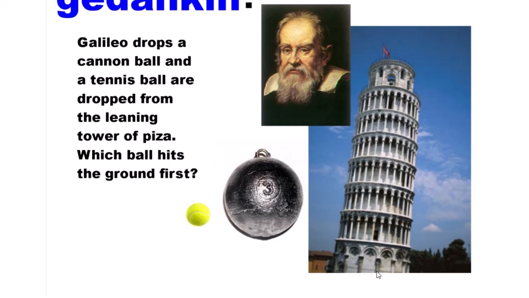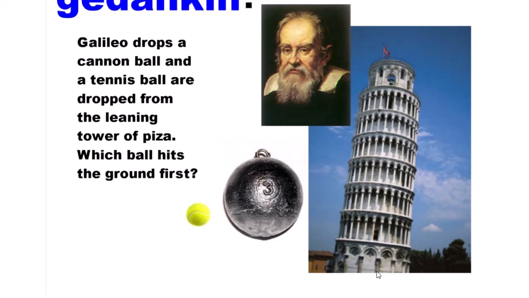But if I take that same piece of paper and crumple it up into a ball, and then drop it, it's going to drop a lot faster. It's going to accelerate more quickly, and it's going to hit the ground in a shorter amount of time. The mass of the paper has stayed the same, right? The paper hasn't gotten heavier. It's just gotten more aerodynamic.